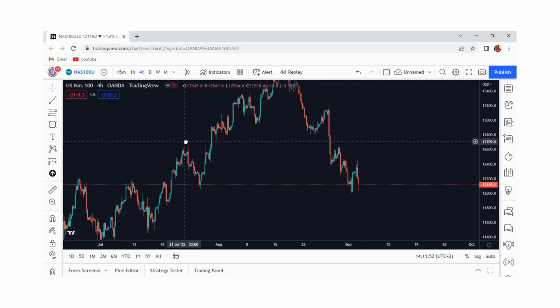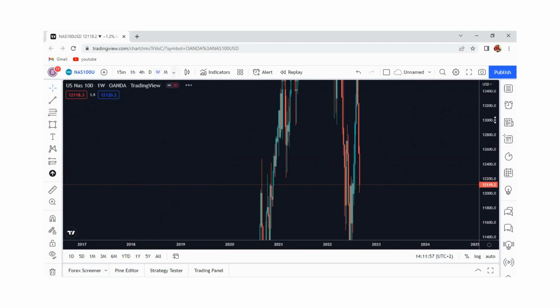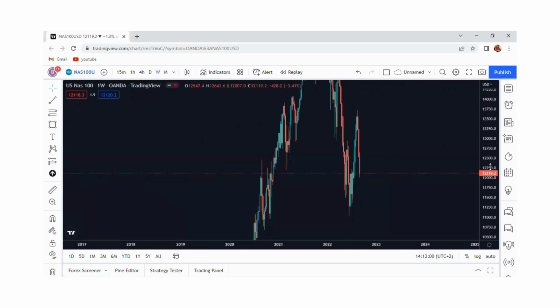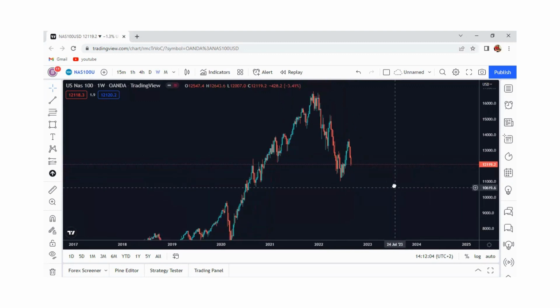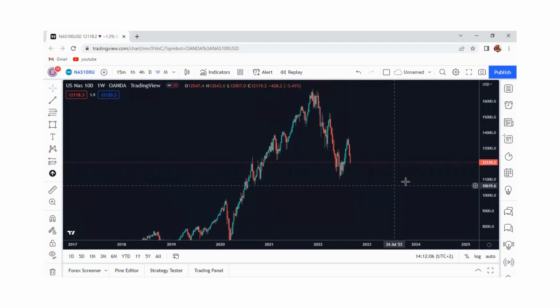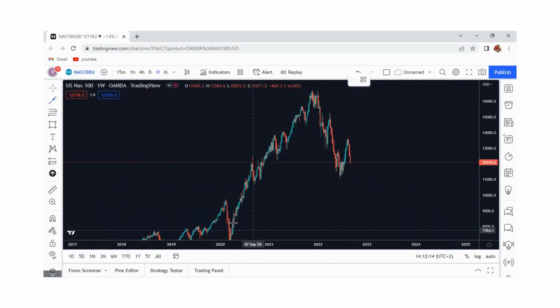So I think we should start with the bigger time frame, just before we get to the smaller time frame. As you can see here, this is the weekly time frame. I don't want to go to the monthly time frame. This is the weekly time frame, and you can see that it is an impulse.